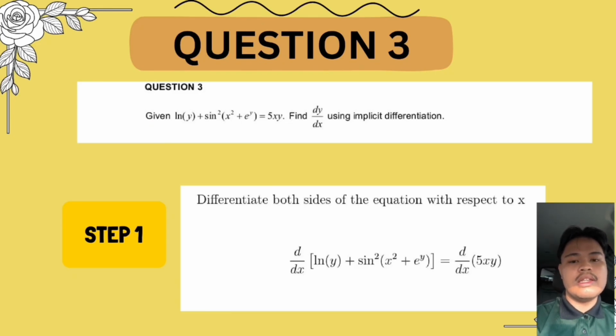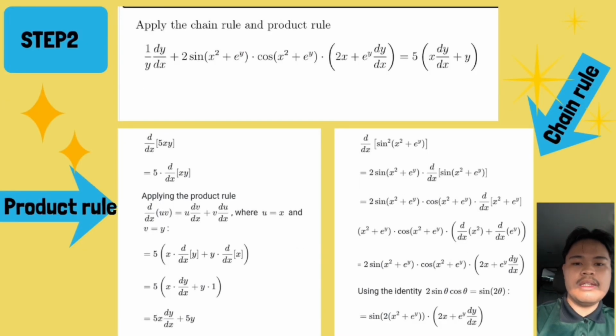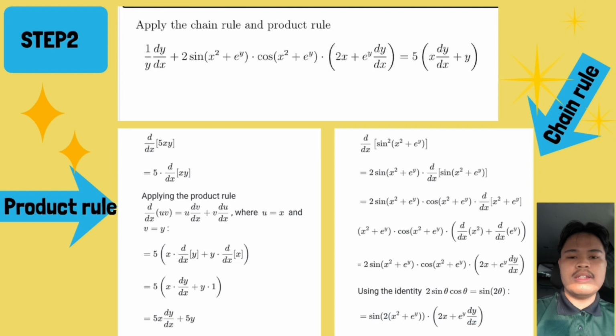Next, in step 2, I apply the chain rule to the sin(x² + e^y) term and the product rule to 5xy. The chain rule is needed because the function is nested: sin and then x² + e^y. The product rule is needed for 5xy because it is a product of two variables.